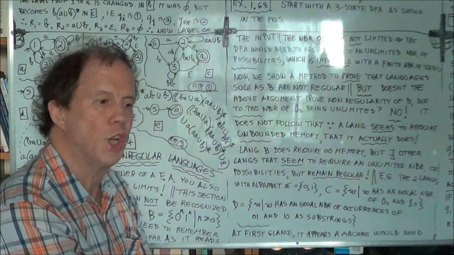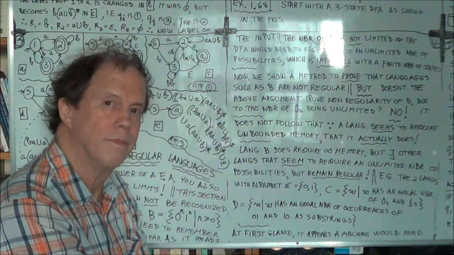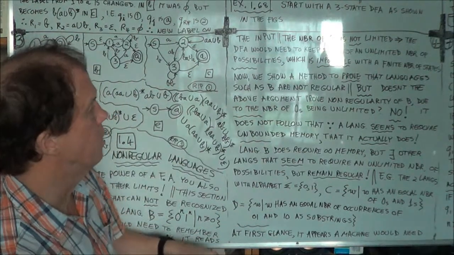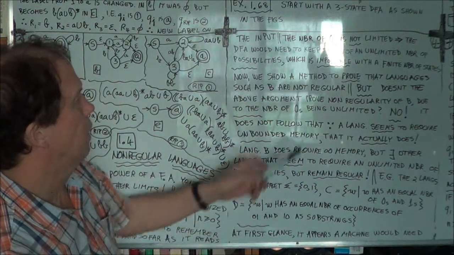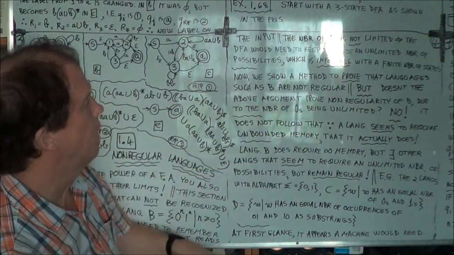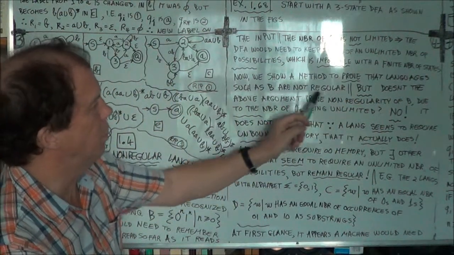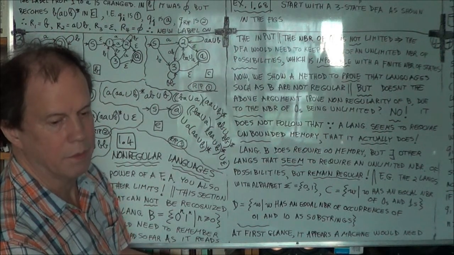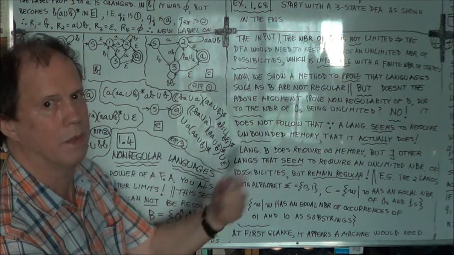That's what we're heading towards. We're going to show a method that proves that a language is not regular. So you can use that pumping lemma to disprove that something is regular. You can use it either way.